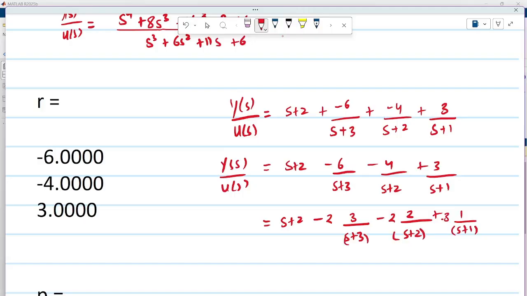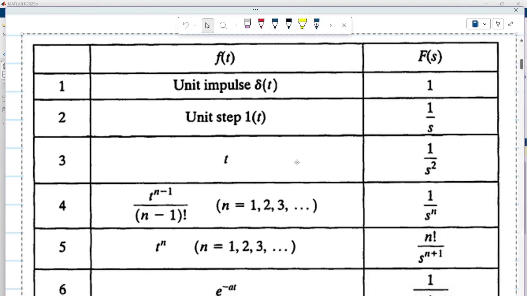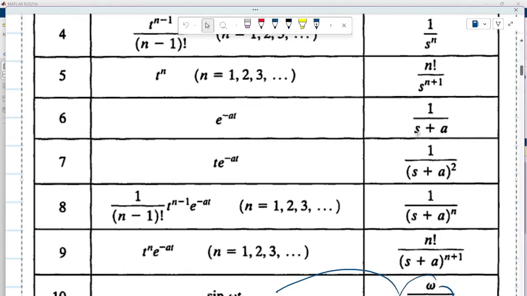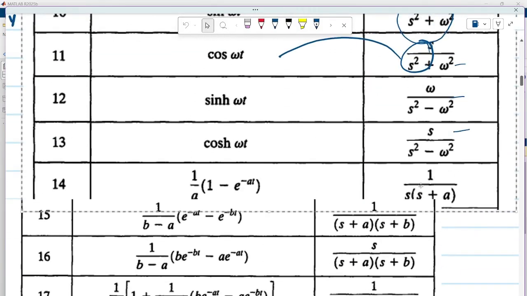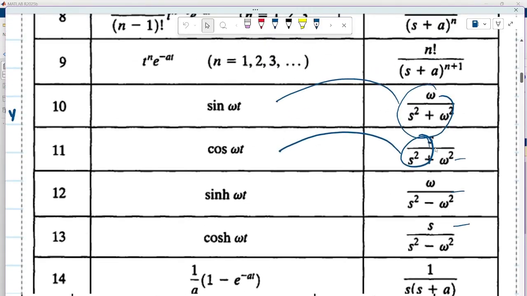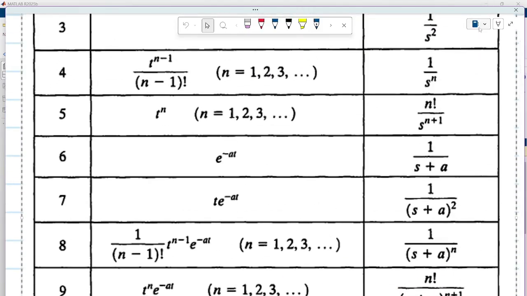So you see now you have these terms the same, and you can use that table of the Laplace transformation, 1 over s, where is that, yeah, it's 1 over s into s plus a, or something like this. So it will help you to simplify your solution.